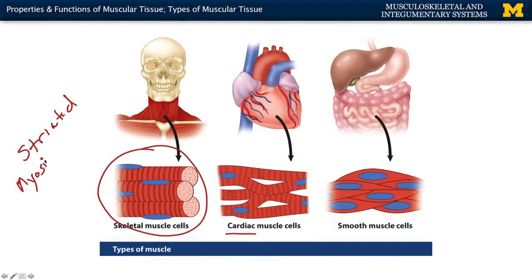And all this means is that the 2 main contractile protein filaments, which are myosin and actin, these 2 particular proteins are going to be very well organized into what's referred to as a sarcomere. So, this organization, when you're looking histologically at these particular cells, will allow for this very organized appearance that you see in skeletal muscle cells and cardiac muscle cells.